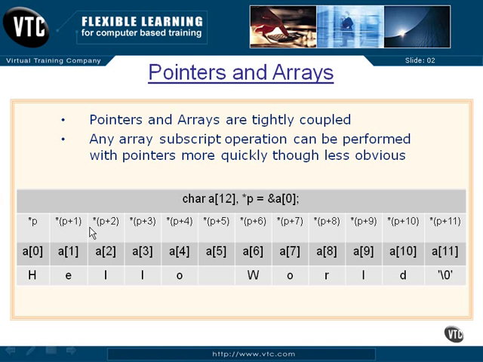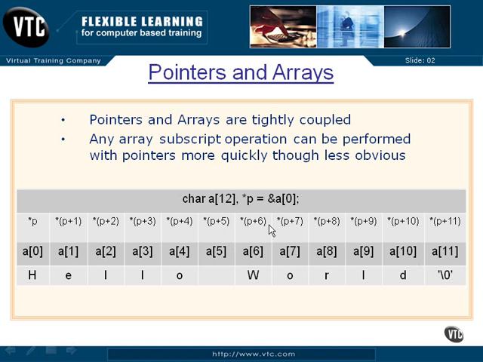So we can use this, and obviously we can use variables and other things in here, not just these literal numbers, to work our way up and down an array. And it is legal, if you set P up here someplace, to use negative numbers and work your way backward down the array. So these are array subscripts down here, and these are pointers with integers added to them to also cause them to subscript the array, to go up and down the array.